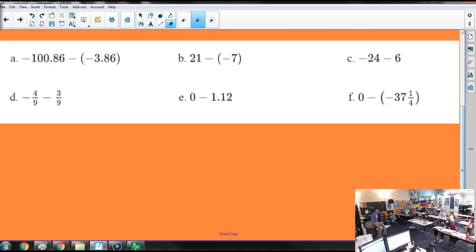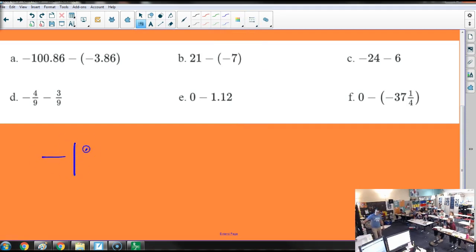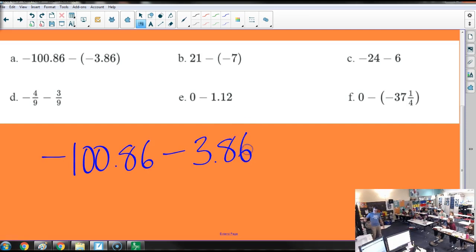Lily, what did you guys get for A and how did you solve it? Well, I made negative 3.86 into a positive. So you said make negative 3.86 into a positive. But you have to add. Oh, but you didn't say that the first time.